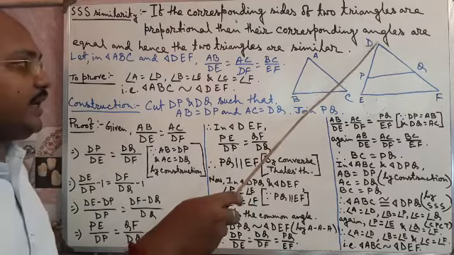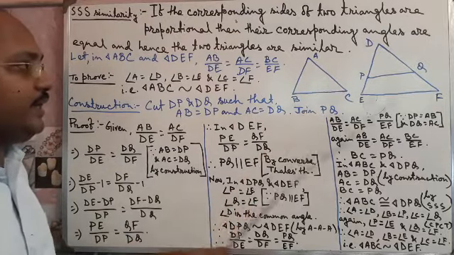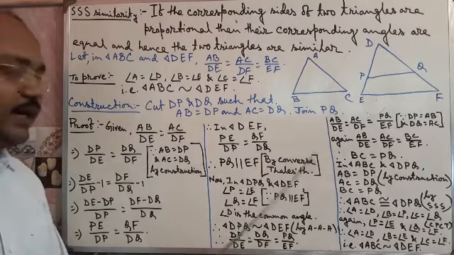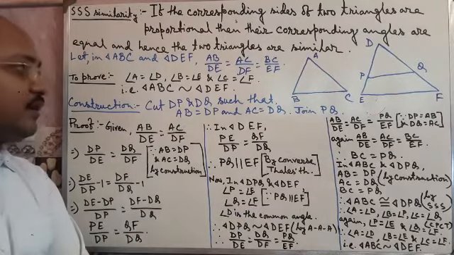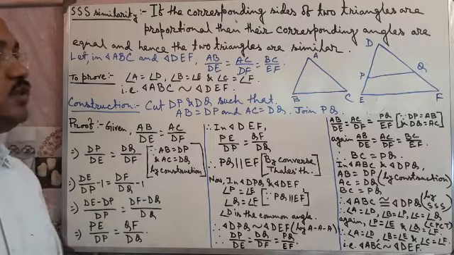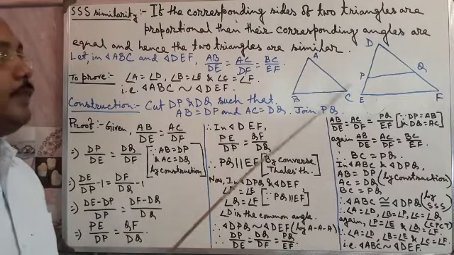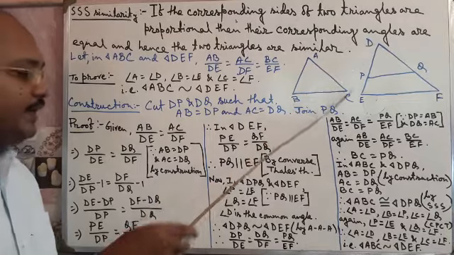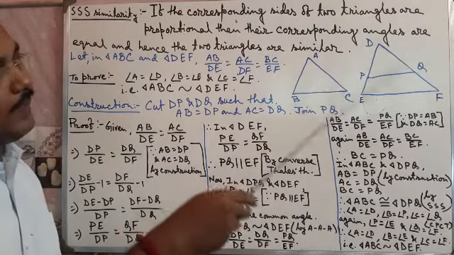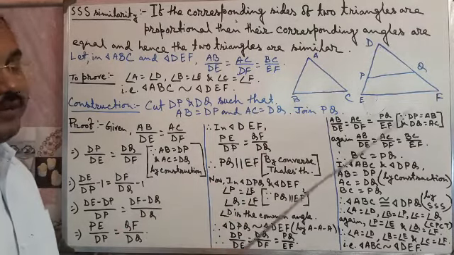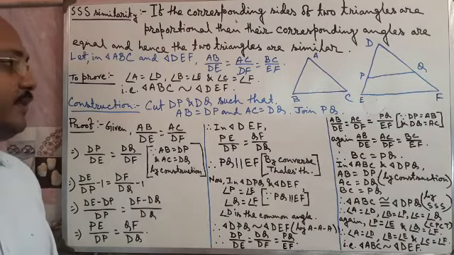So triangle DPQ and triangle DEF are similar by the angle criteria. As these two triangles are similar, therefore DP by DE is equal to DQ by DF is equal to PQ by EF.